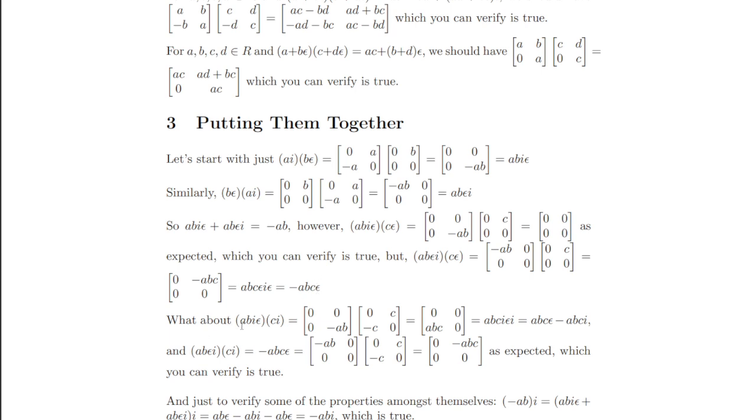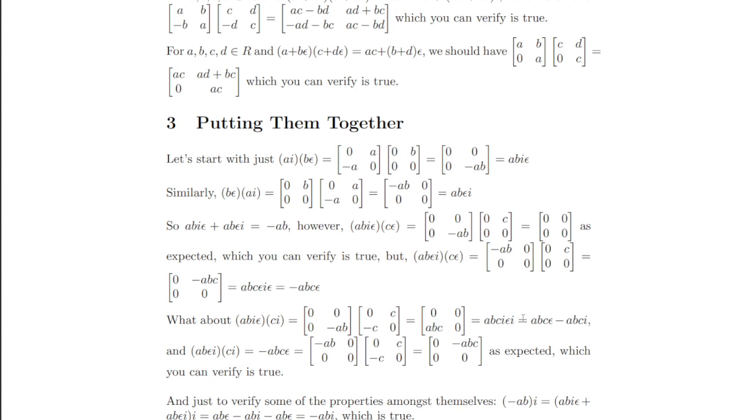What about ab i epsilon times ci? Well, we get 0, 0, abc, 0. We don't have anything for that yet. So really, that would just be abc epsilon minus abc i. And we can tell because if we have epsilon, it would be this, and then minus abc i, you subtract the abc from this, and subtract negative abc from here, which gives you positive abc.